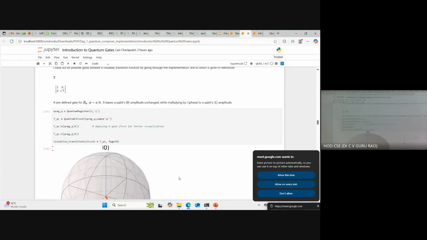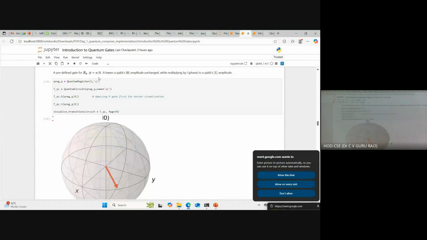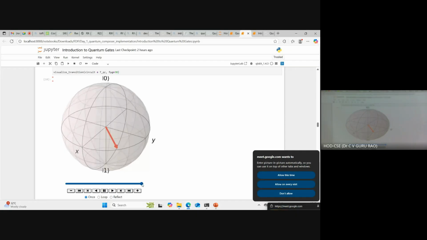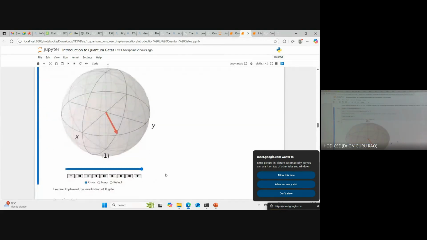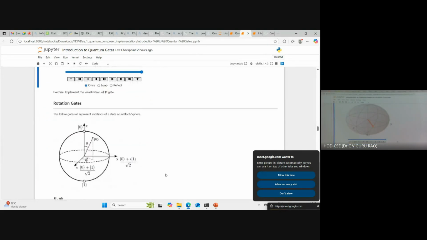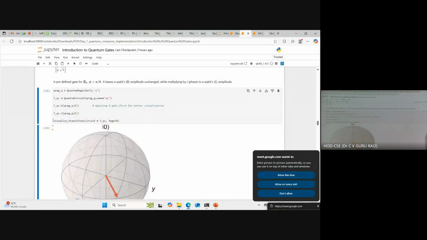If we have a phase gate with an angle of pi by 4, somewhere in between it will go. So with the help of visualized transitions, we are able to see how those gates go somewhere in between. That's why I'm not showing you, because it will go somewhere in between.